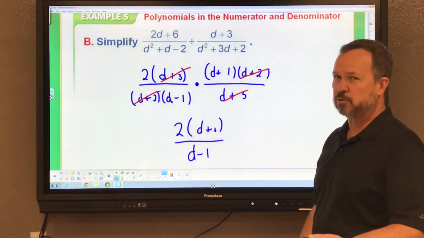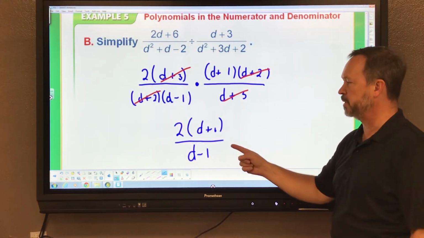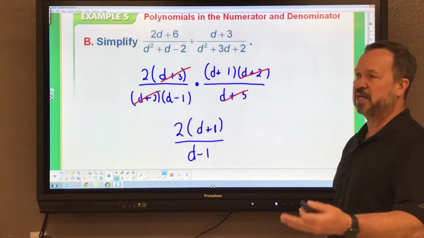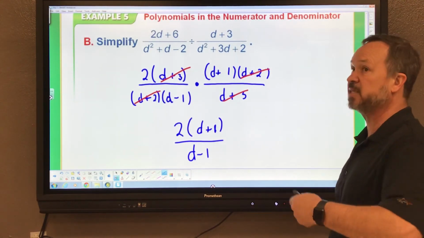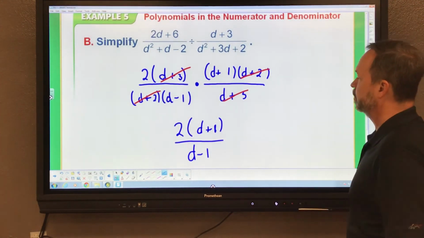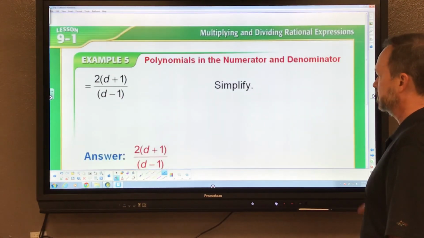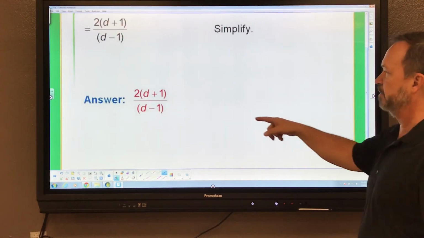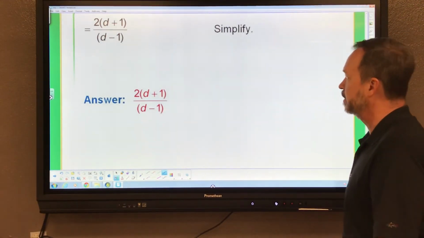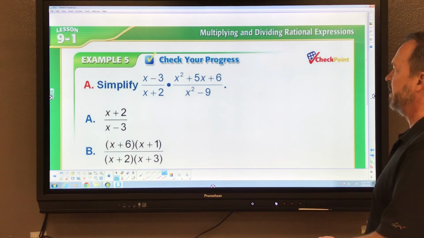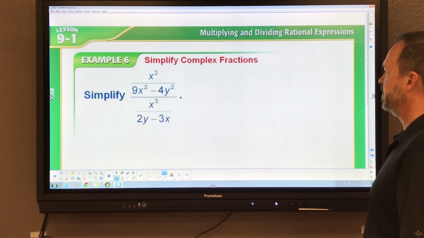There may be some answer you see sometime where they go ahead and redistribute the 2. I wouldn't do it, but you need to be aware that if you see an answer where the 2 is distributed, that's the same thing I've got in this form. They didn't distribute their 2 either, so good. So these would all be the same. There are examples of the same stuff that we just did.